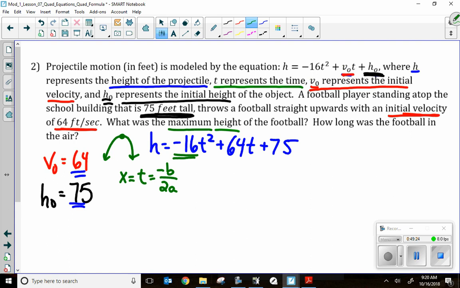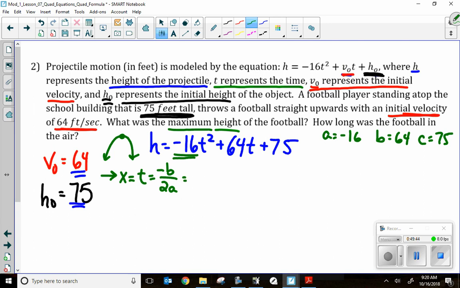Let's write a little note here. My a is negative 16. My b is 64. And my c is 75. The same values that I plugged into my quadratic formula are the same ones I've used before to find my max. All right?